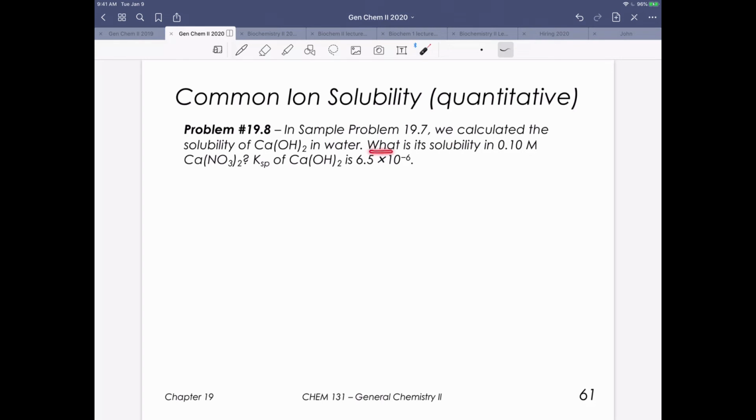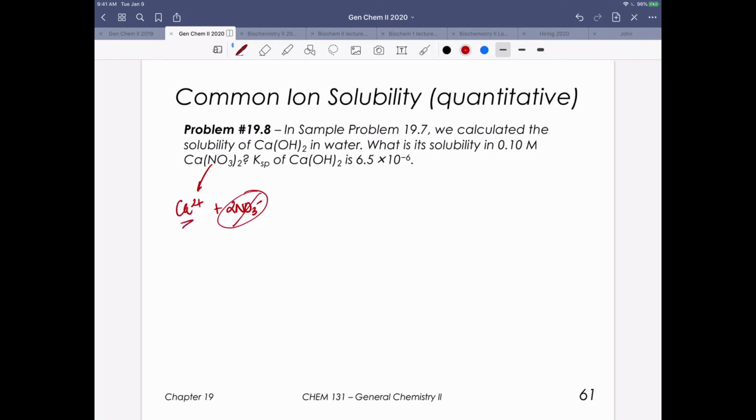So we build on this and we say, well, what if we added 0.1 molar calcium nitrate to solution? Again, if we've added calcium nitrate, we have to remember that that's going to be adding calcium ions to solution and nitrate ions to solution. Well, nitrate ions are going to be spectators, so that's not anything I need to worry about.